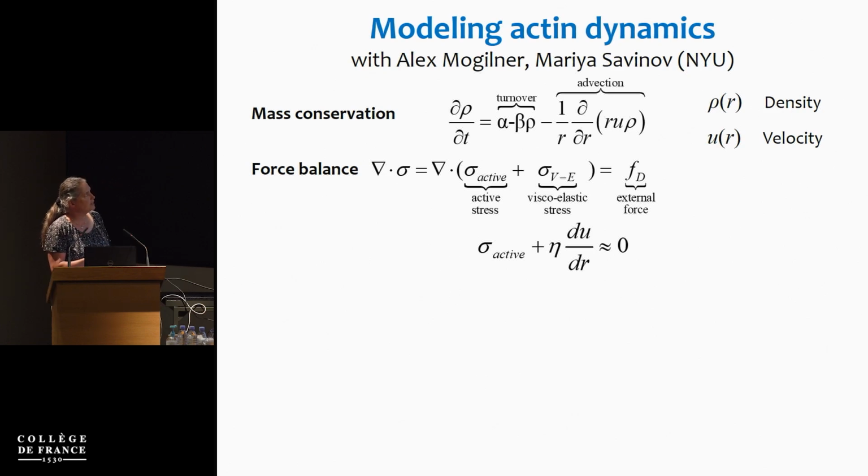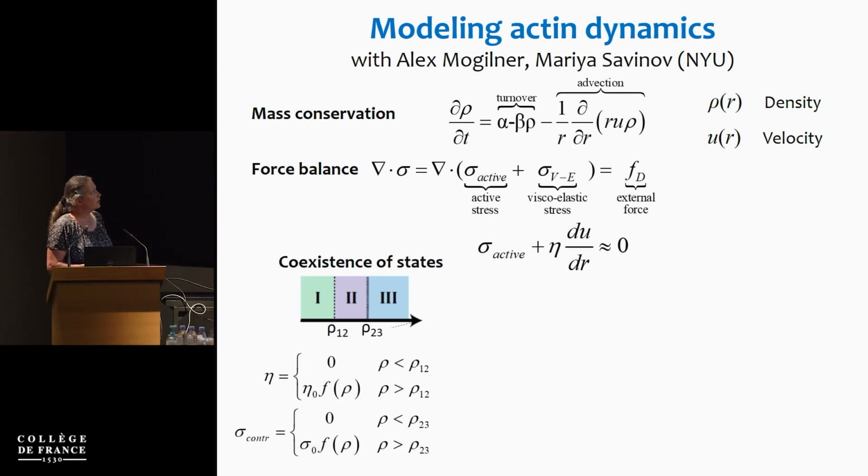Then in the force balance we have the active stress of the myosin network and the viscoelastic stress, which we approximate as just a viscous stress. The external forces in this case are the interaction with the fluid, which are rather negligible, so we neglect them. And now we incorporate this coexistence of states by saying that these parameters, the active stress and the viscosity, depend on the density according to these phases that I just showed you.